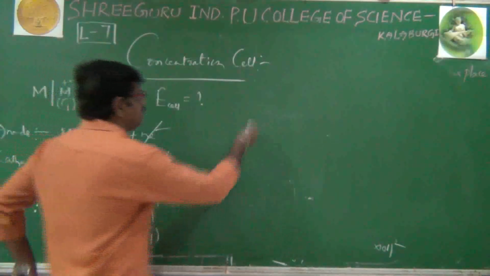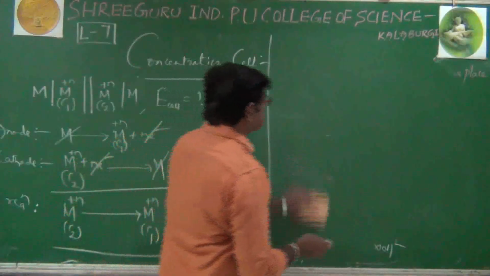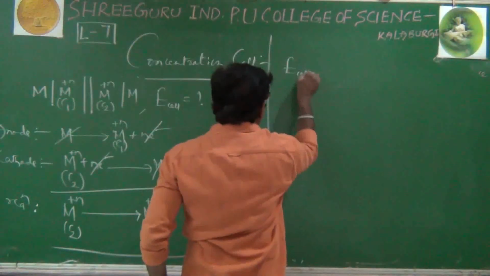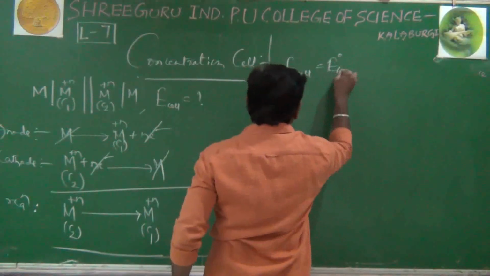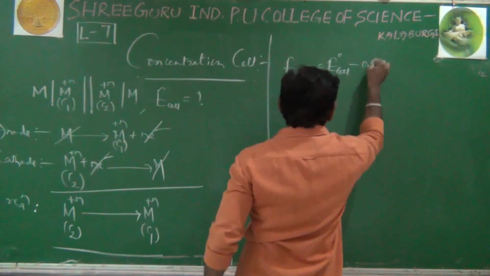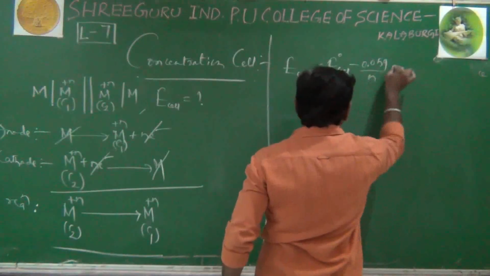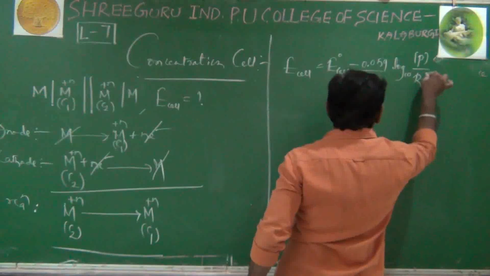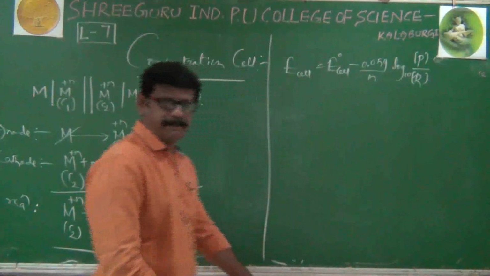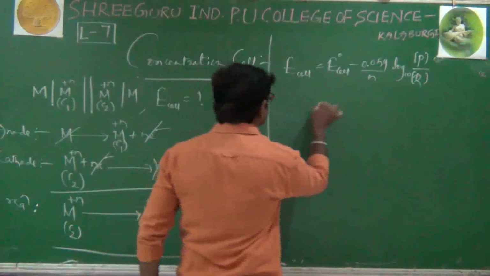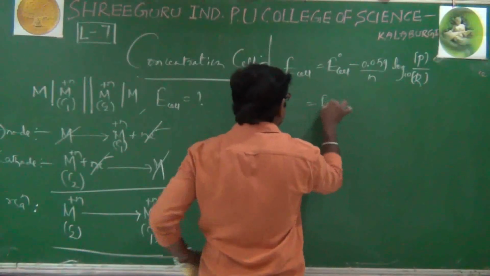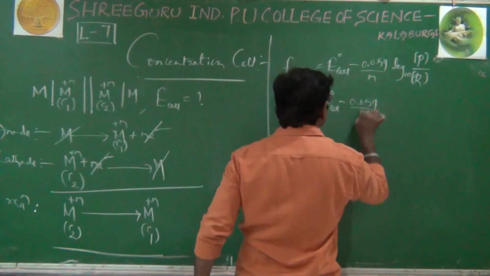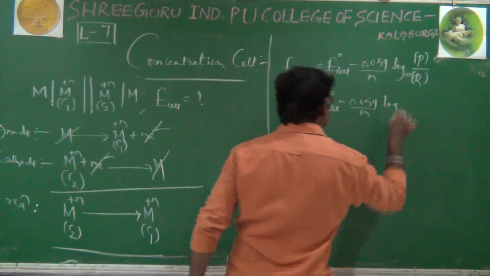Right. Now we will take the cell potential from the Nernst equation. E cell is equal to E naught cell minus 0.059 by n log base 10 of product concentration divided by reactant concentration. That is equal to E naught cell minus 0.059 by n log base 10.